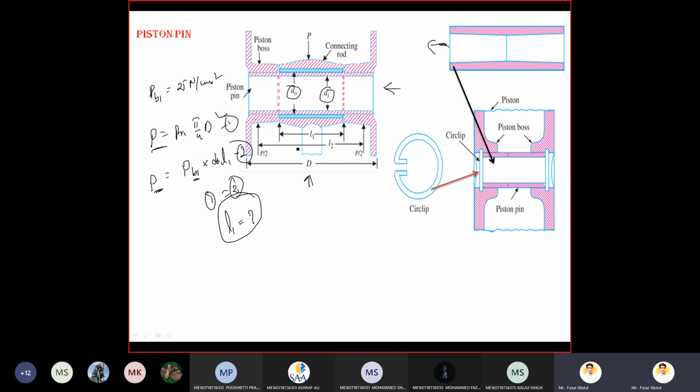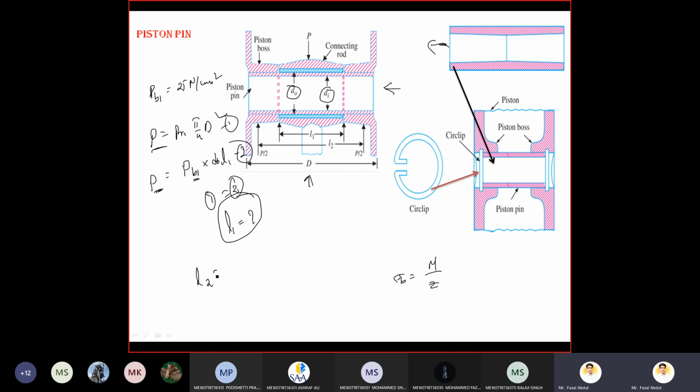Okay. Now we require the L2 value. For getting the L2 value, we need the bending stress. Maximum bending stress is generated here with the equation M by Z. Before this, we need the L2 value.